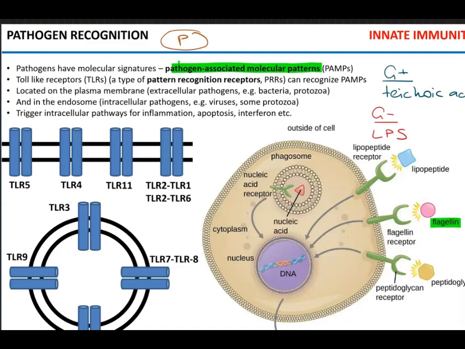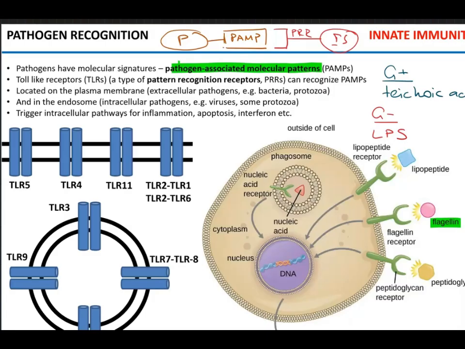So imagine this is a pathogen, and this is the pattern. Let me make it a little larger. This is the pathogen-associated molecular pattern. Am I making sense? So these patterns are recognized by your immune system. So that's your immune system, and this is the pattern recognition receptor, PRR.